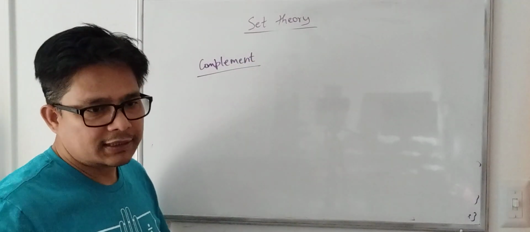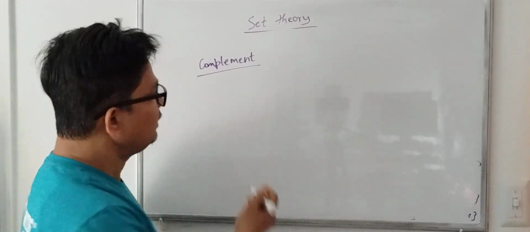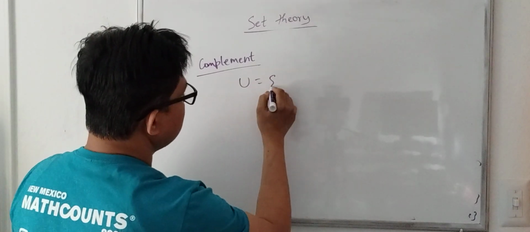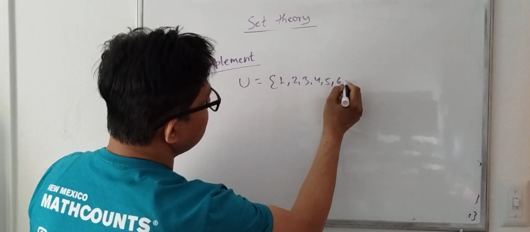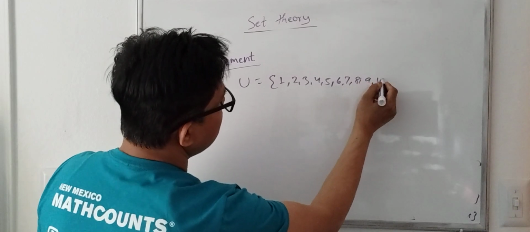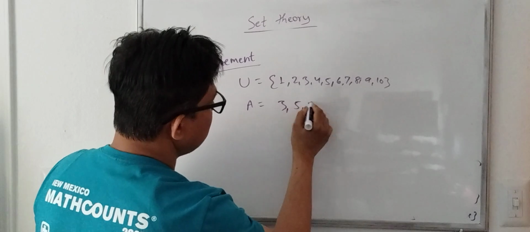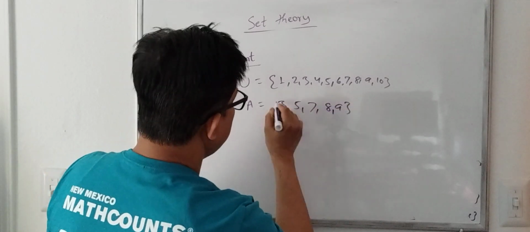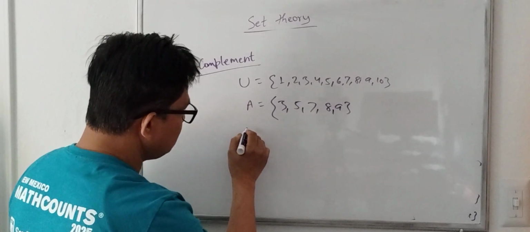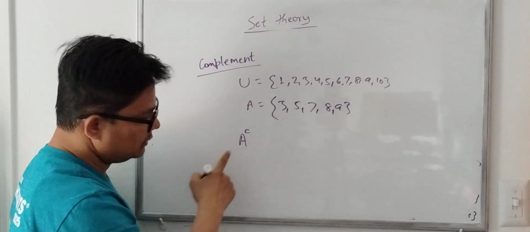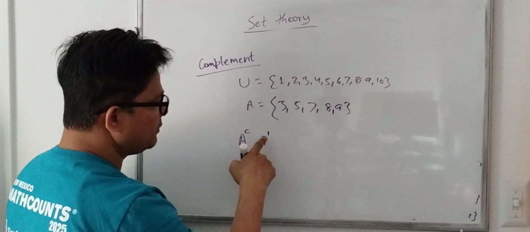So the complement of any set is the elements which are not present in that set. Let's say our universal set is all the numbers up to 10: 1, 2, 3, 4, 5, 6, 7, 8, 9, 10, and A is 3, 5, 7, 8, 9. So the complement of A is written like this, either A with a C, this symbol, or like this. You can use anything up here. I prefer this symbol.